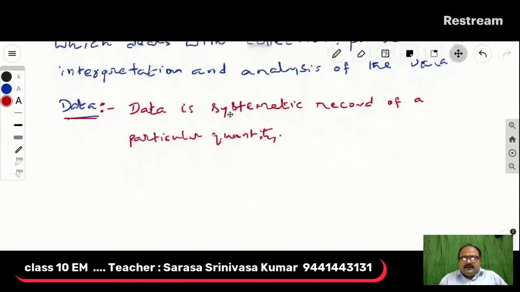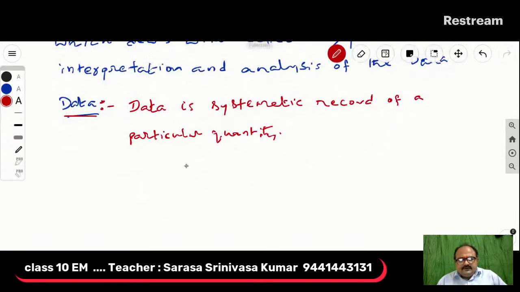Here again, data are of two types: quantitative data and qualitative data. Number one is quantitative data, and the second one is qualitative data.